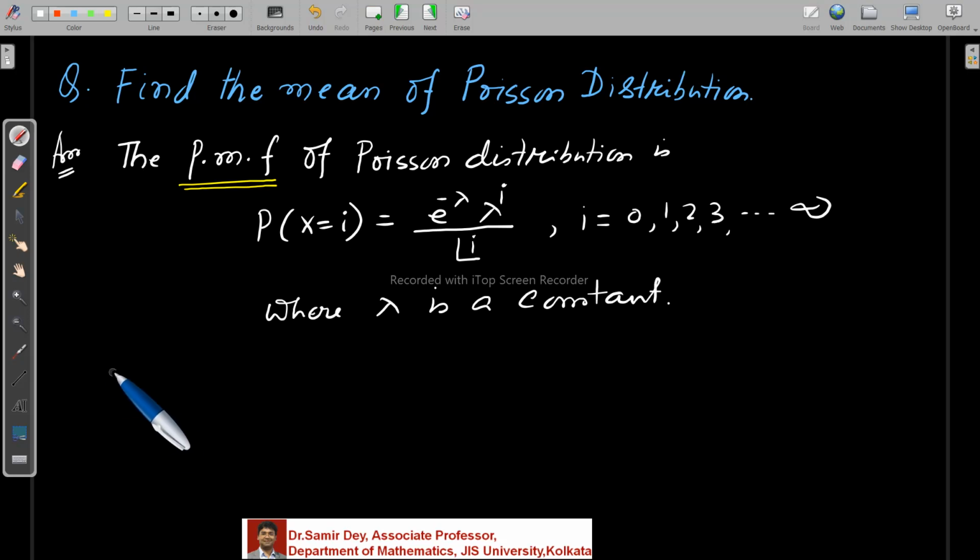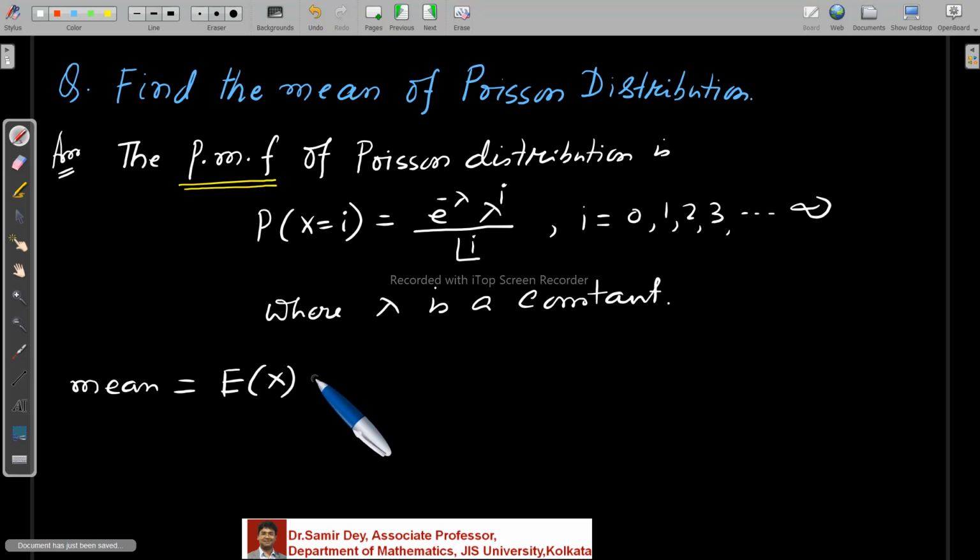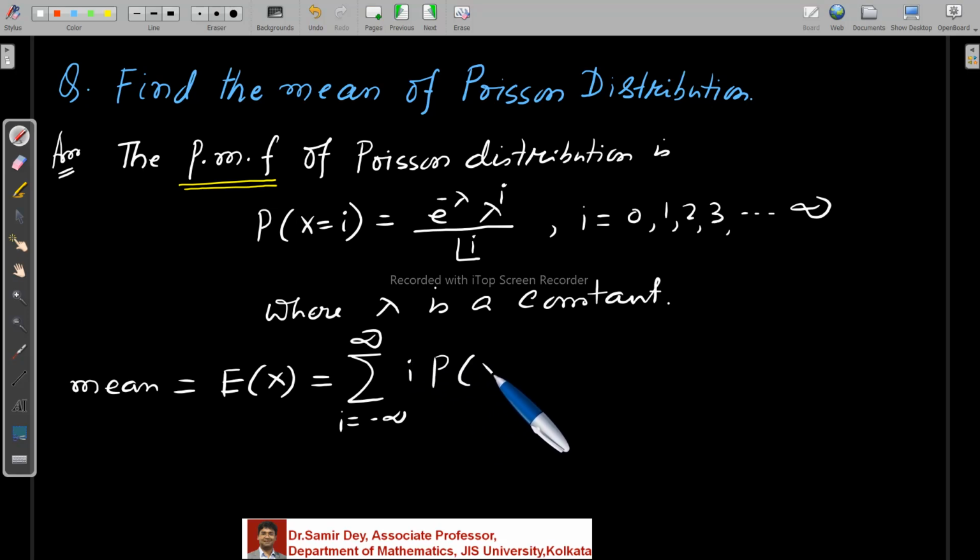Next you write down mean. You want to find mean. So mean is equal to E of X. This is the formula. So here you may write what is the general formula: sum over i from minus infinity to plus infinity of i times P(X = i). So this is the basic formula.